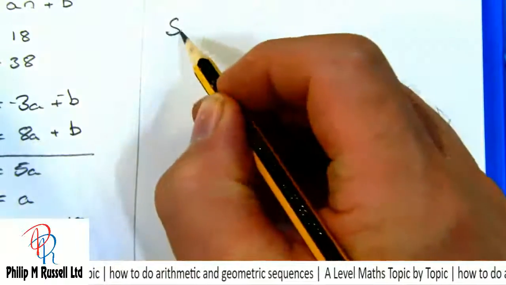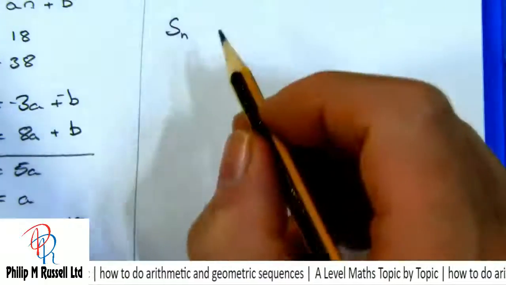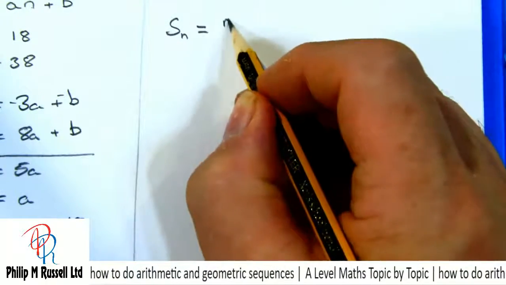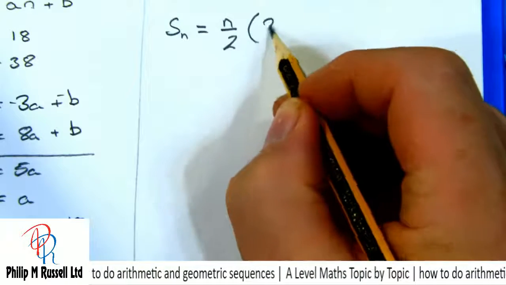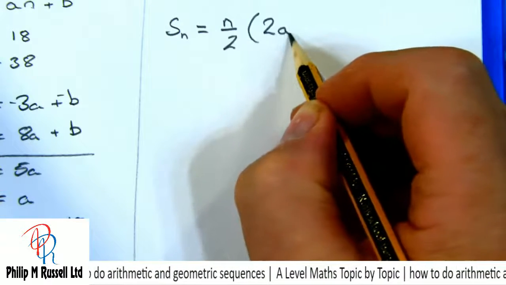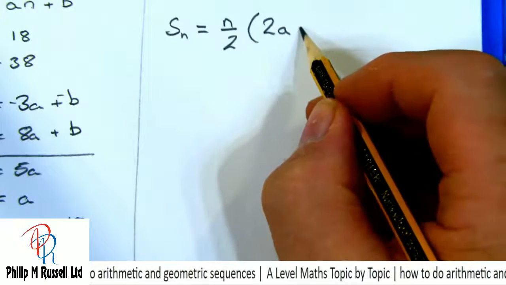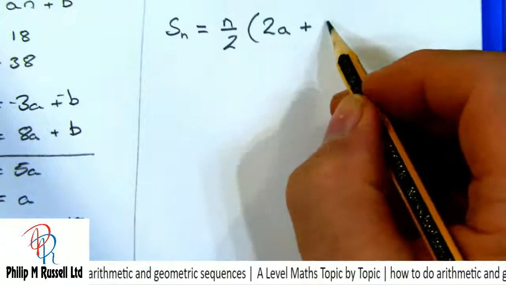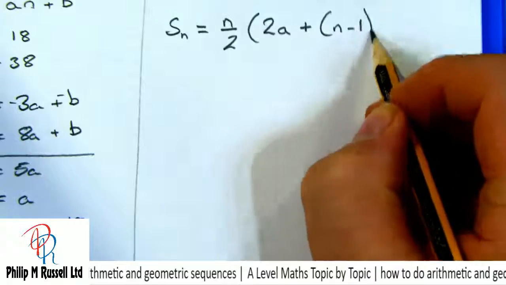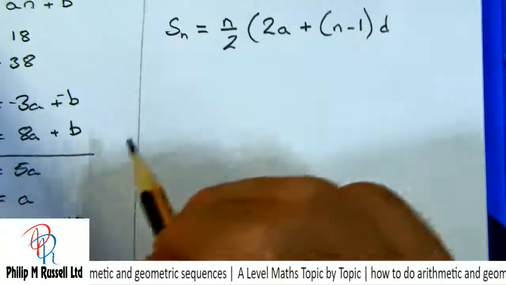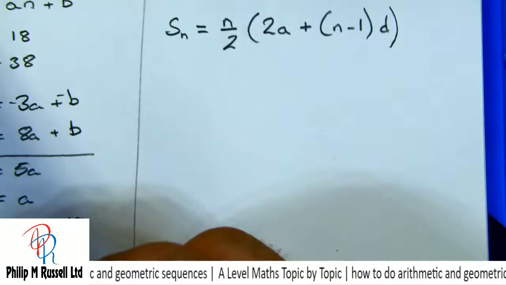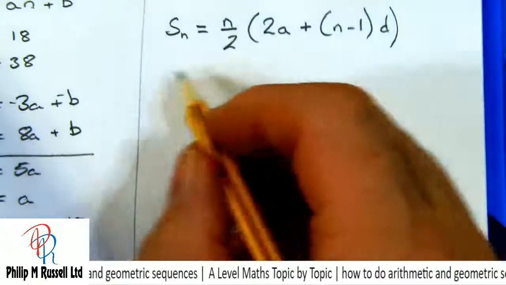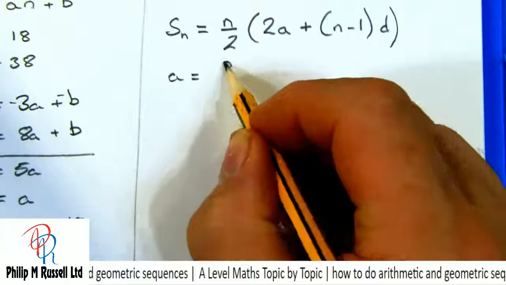So if I want to work out the sum of all these terms, it's going to be the number of terms divided by 2 times 2a plus n minus 1 times our difference. So a here equals the first term.